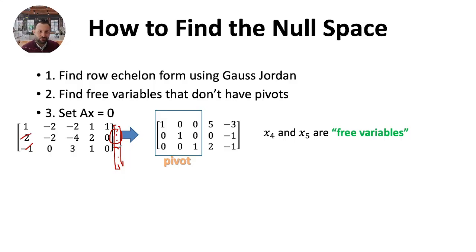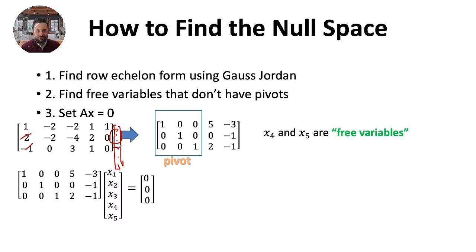So what am I going to do with these free variables? I'm going to find the null space using them. So we found the free variables, and we're going to write Ax equals 0, to find which inputs are going to give me this form using the free variables. So I know this is my input, so I can do this matmul, right?